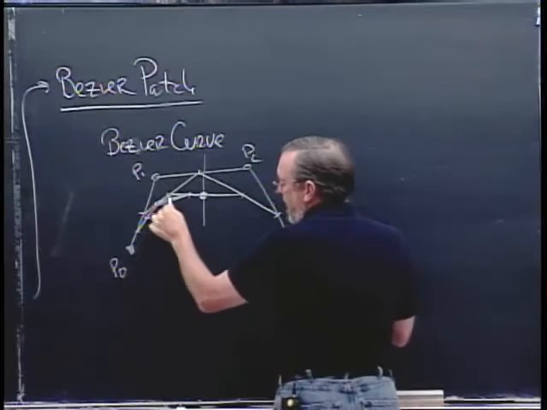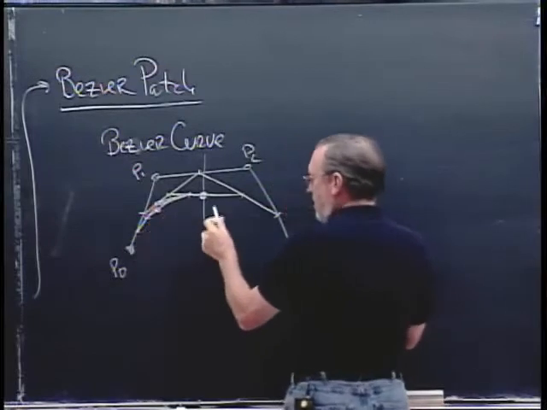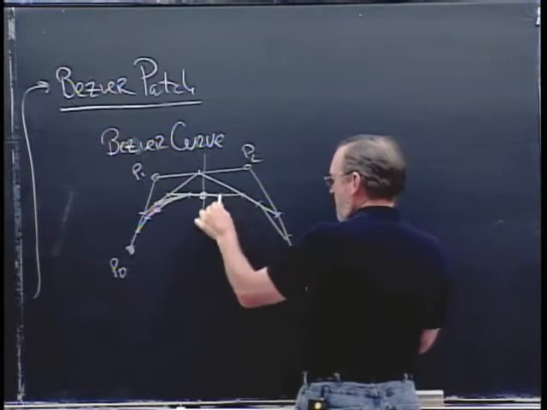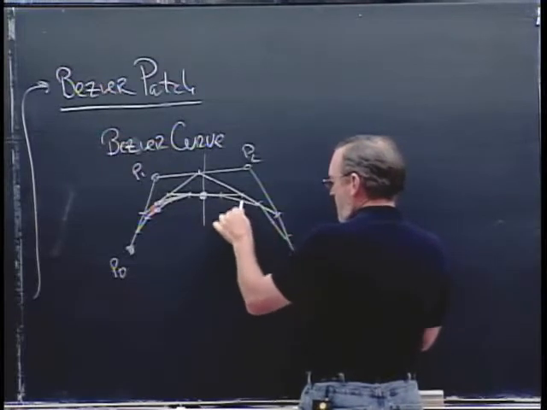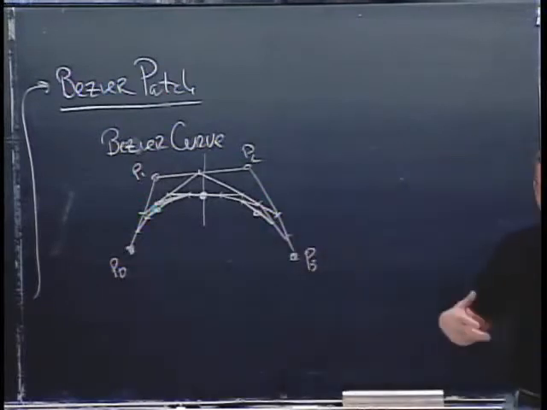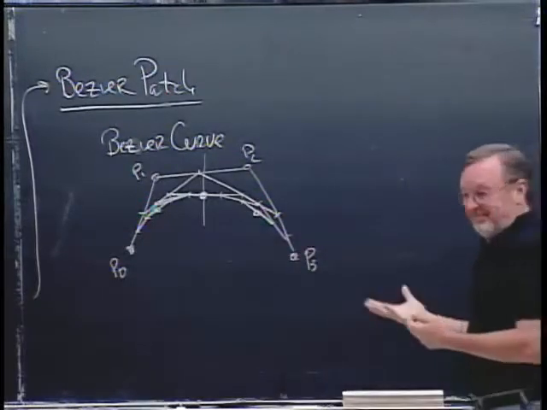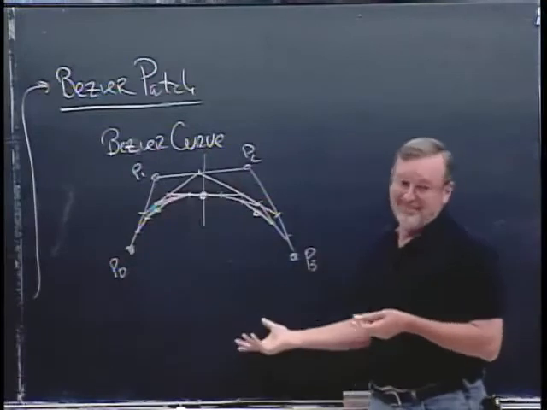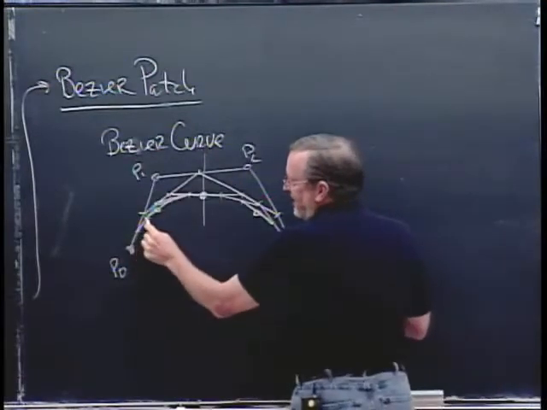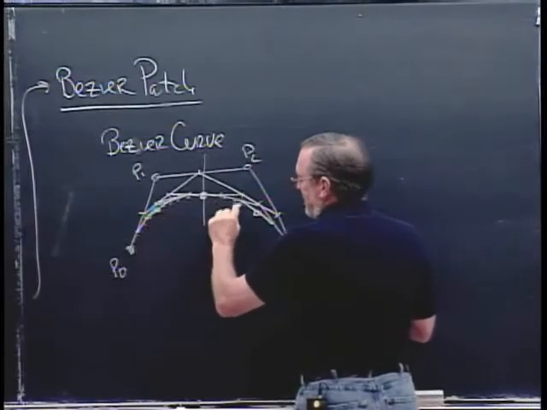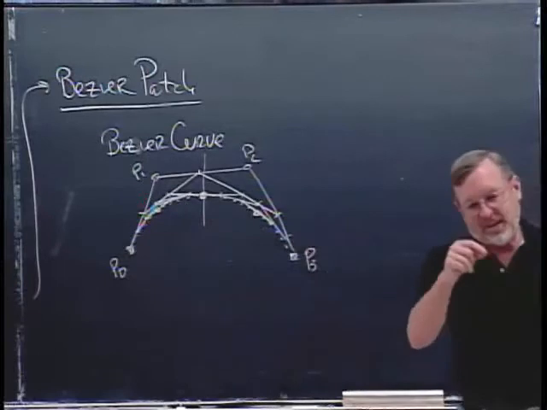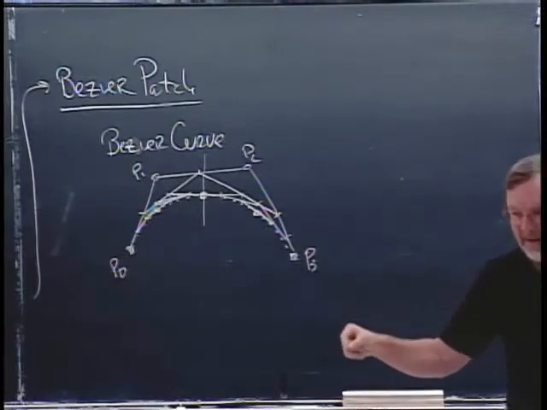Half, half. There's another point on the curve there. And you can keep doing this, right? This nice step until you get a sufficiently large number of points, then we just connect them up with straight lines, okay?